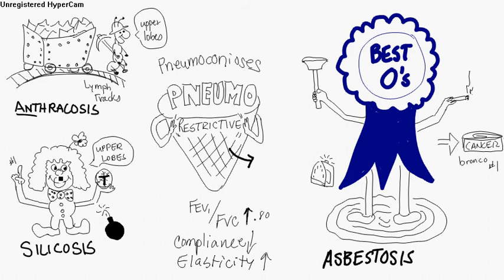Silicosis. Here's the silly clown. Silicosis is caused by inhaled silica. It's the most common occupational disease in the world. It occurs in sandblasters, that's what the big blast here is, sandblasters, mine workers, and glass cutters.